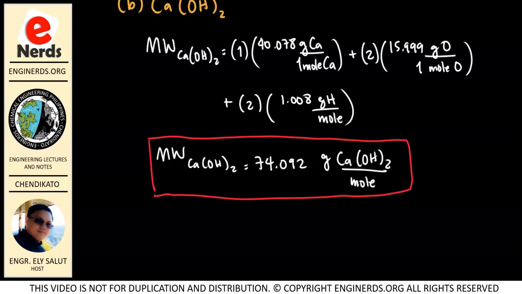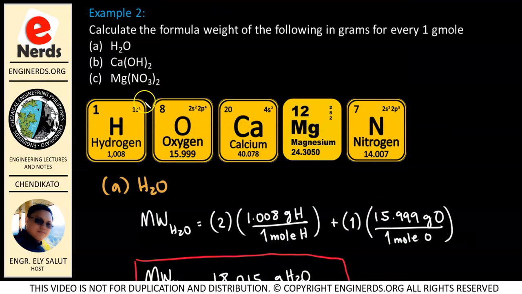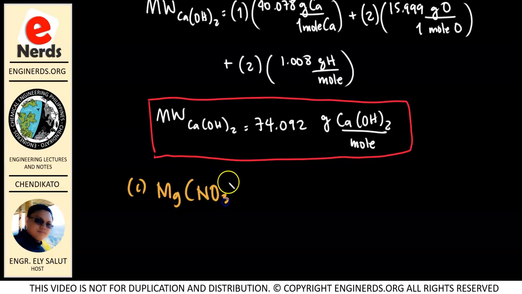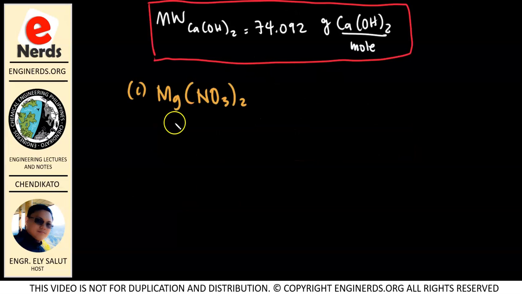Okay, so next we're going to solve for the formula weight of Mg(NO3)2. No? So we have Mg(NO3)2. Okay, so tulad nung ginawa natin earlier, no? We're going to get the molecular weight of Mg(NO3)2.